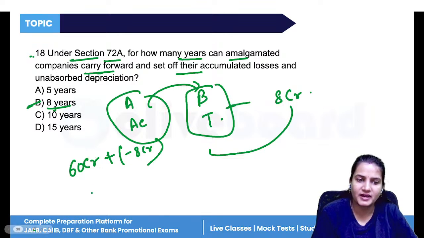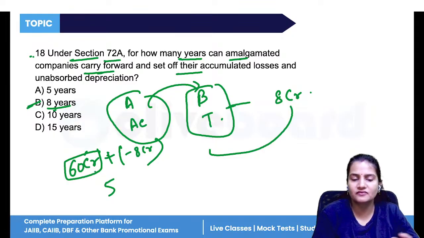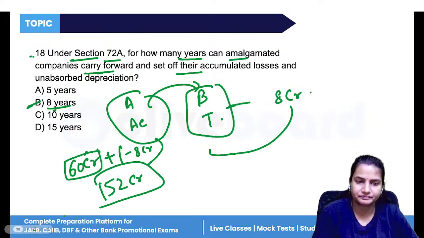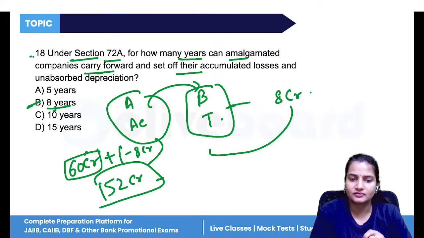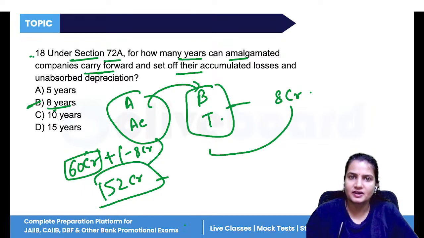Now, plus minus minus. So now, where company A had to pay income tax on 60 crore, company A will pay the income tax on 52 crore. 8 crore will be deducted. This 52 crore is the taxable income. That is why most companies purchase a loss-bearing or negative-earning company, so that they can show comparatively less tax liability.